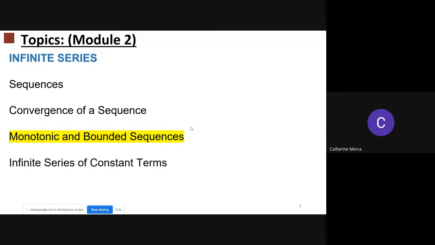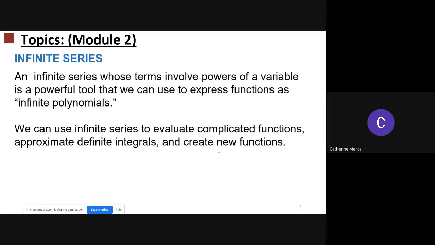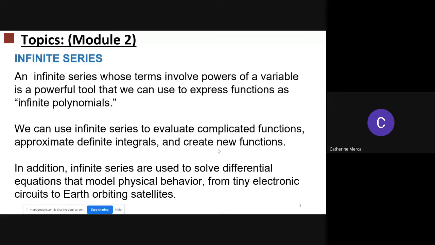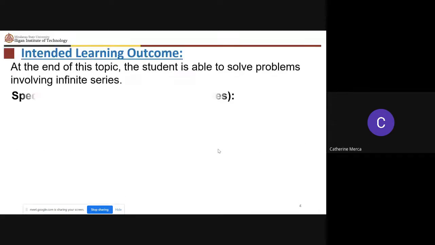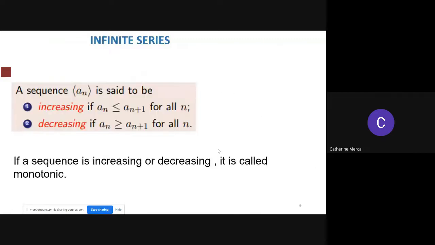As I've said, you can take a look at the PDF na sinend ko na, naka-post na sa Mole. This one, we talk about the use of your infinite series. Also talk about the intended learning outcome yesterday.